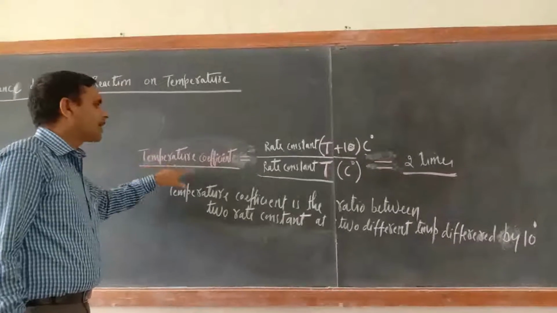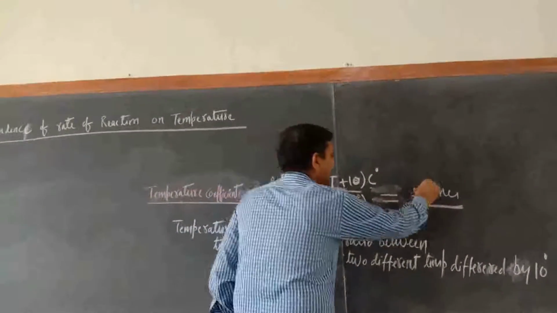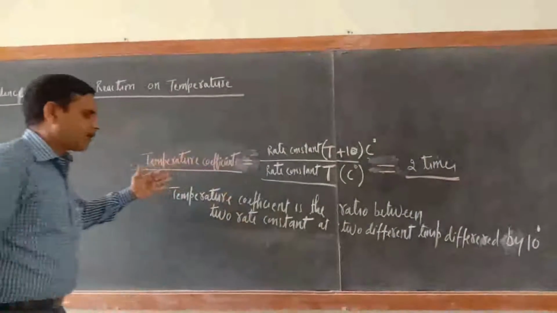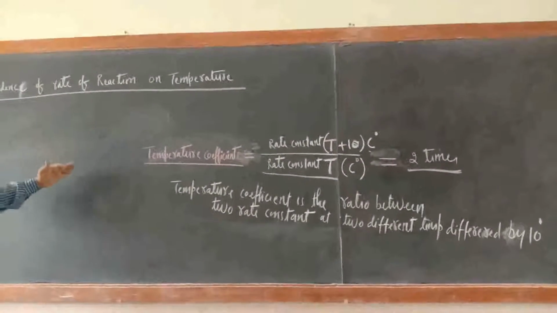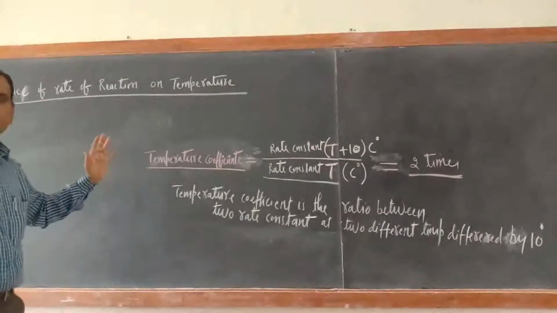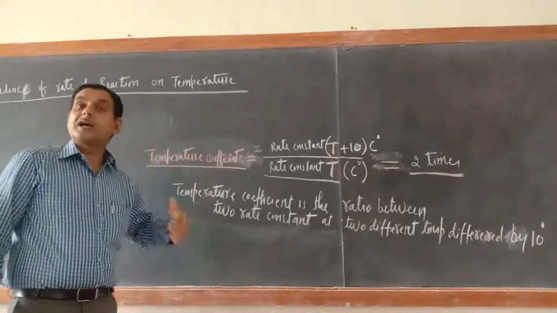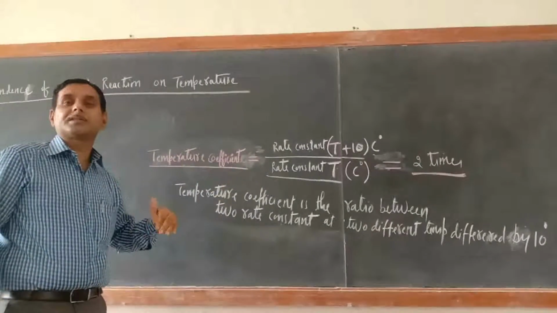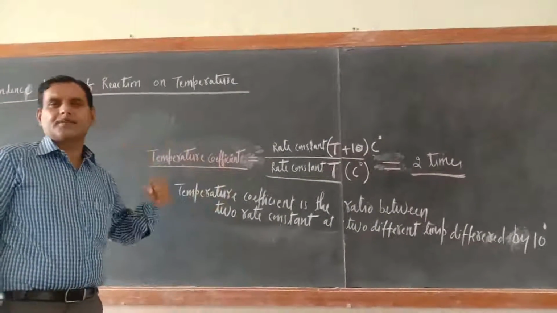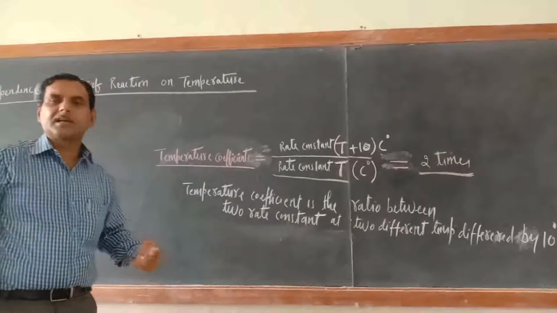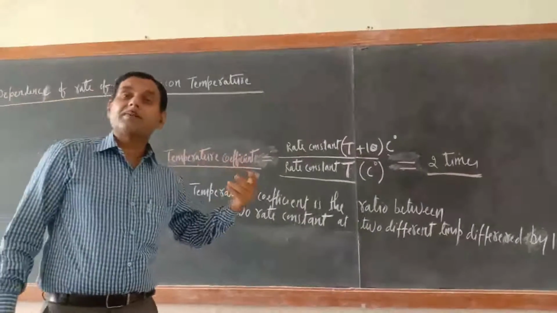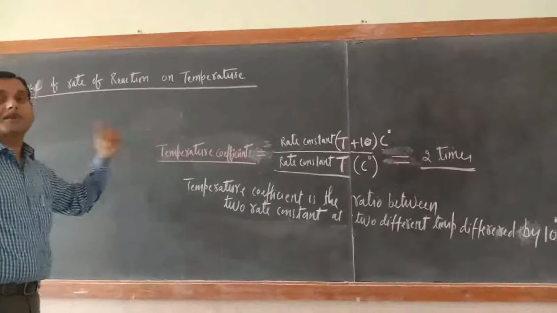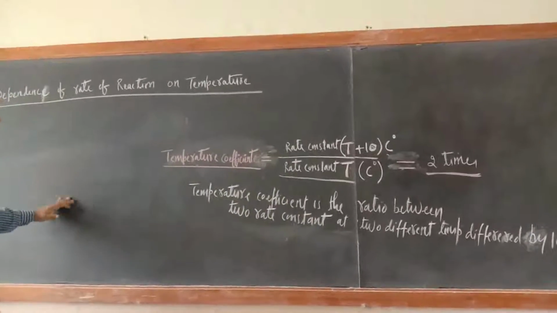If you are writing rate of reaction, then it should be written two times. Temperature coefficient tells about the dependency of rate of reaction on temperature. So the question arises here, why does rate of reaction increase with the rise of temperature? So, explanation.